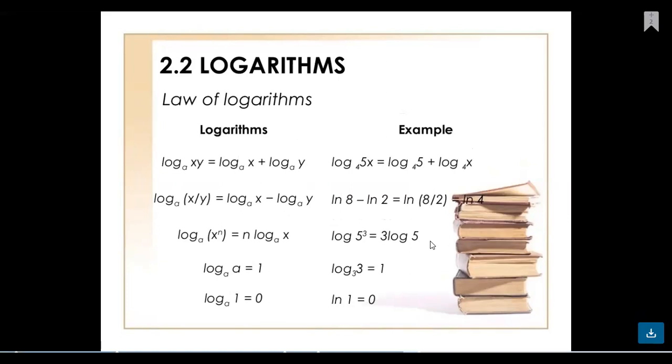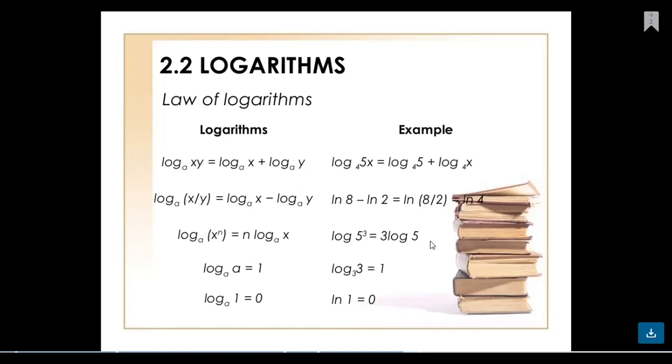So A raised to 1 is equal to A. Di ba? So any number or a variable that is raised by 1, ang magiging result is yung variable. Okay? So kunyari pag 2 raised to 1, that will be 2 lang. A raised to 1, ang sagot is A lang. 8 raised to 1, 8 pa din.